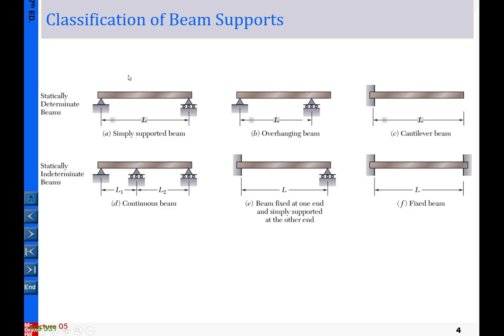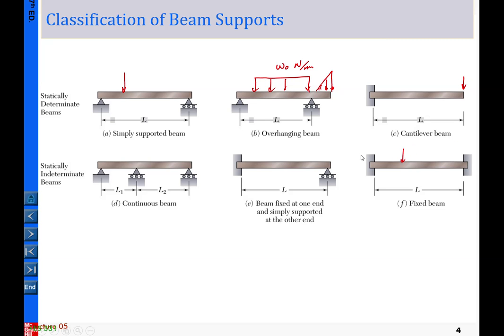The loading can be point loading, like this, and can be distributed loading. This is the distributed loading omega, in Newtons per meter. The distributed loading can even be nonlinear, a function, say a straight line, or even more complicated nonlinear terms.